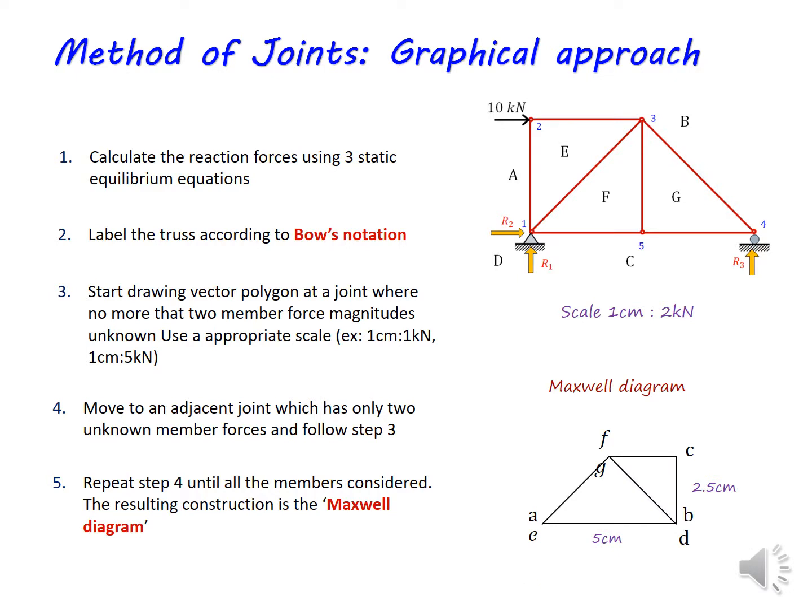Here you can see the Maxwell diagram drawn for this example. If you follow the procedure I explained so far, you will be able to get this Maxwell diagram. Once you have the Maxwell diagram, you can obtain the member forces of that truss.